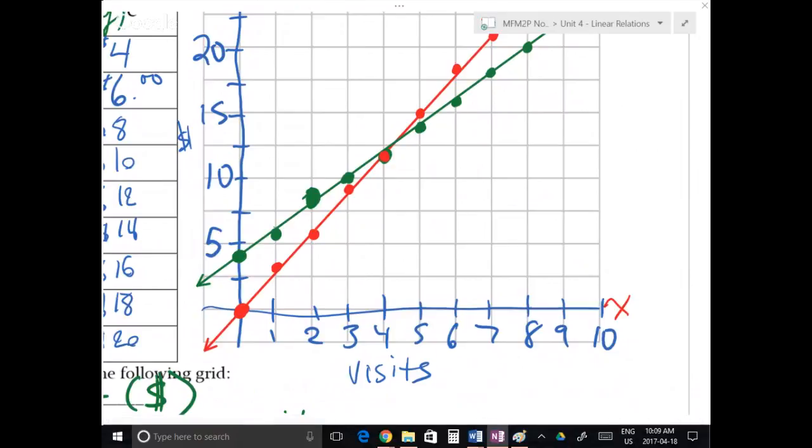How many visits? Very good. And on the y-axis, we put cost in dollars. And that rate of change, let's keep in mind, is dollars per visit. Really, one way of thinking about a rate of change is how does this y value change as the x value changes? In this case, how does the amount of money change as the number of visitors change? Does that make sense? As we change this one, how does this one change?